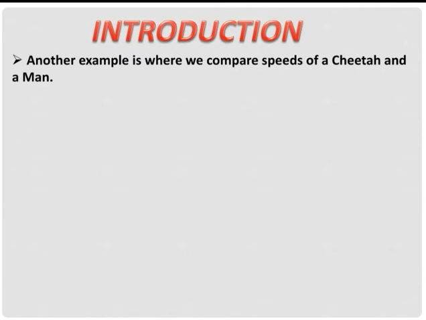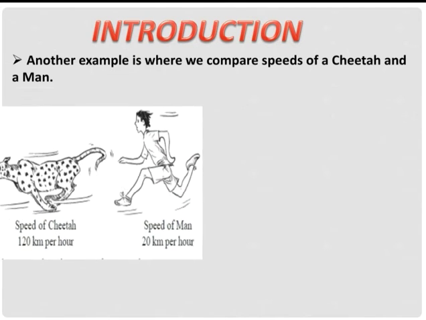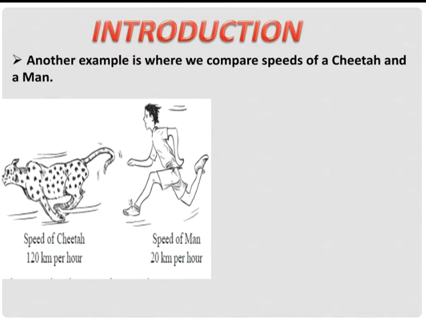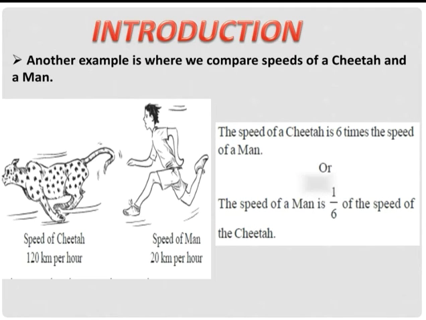Another example is where we compare speeds of a cheetah and a man. The speed of the cheetah is 6 times the speed of a man, or in other words, we can say that the speed of a man is 1/6 of the speed of the cheetah.